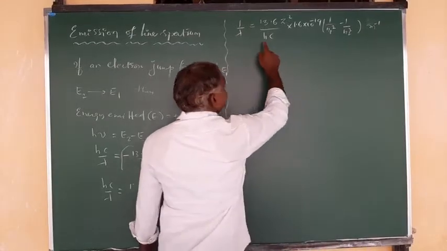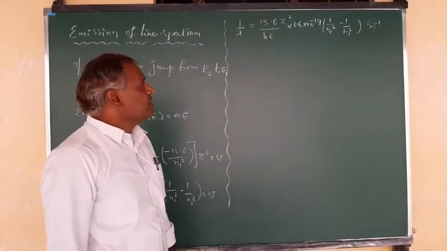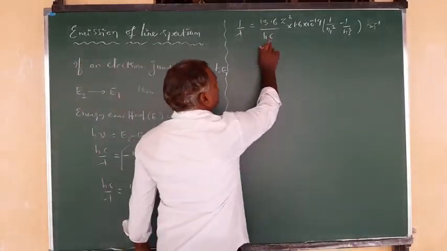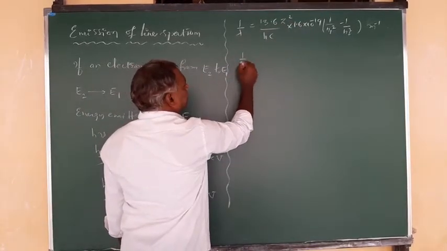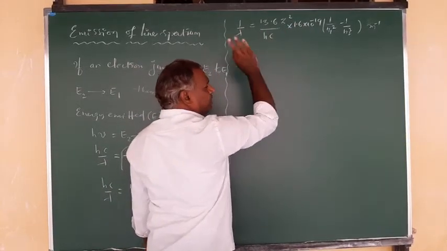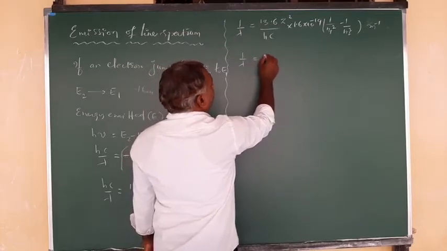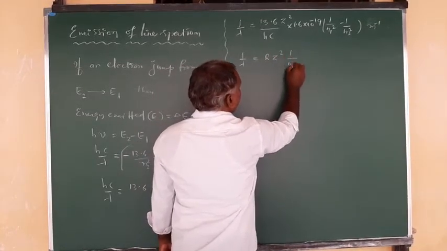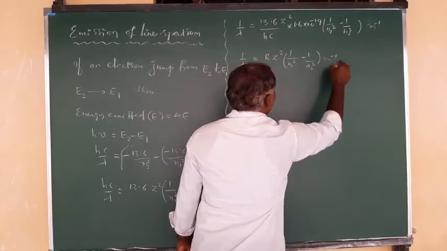Now here, H is Planck's constant, 6.6 into 10 power minus 34, and C is the velocity of light in vacuum, that is 3 into 10 power 8. When you put in these constants and simplify, you get R Z square into 1 by N1 square minus 1 by N2 square, in meter inverse.